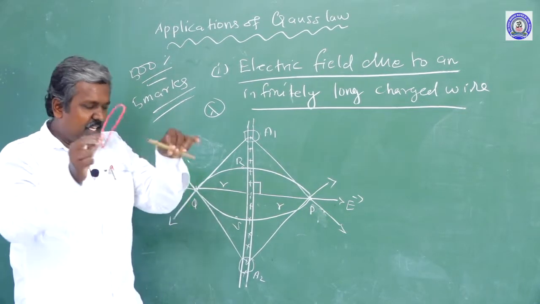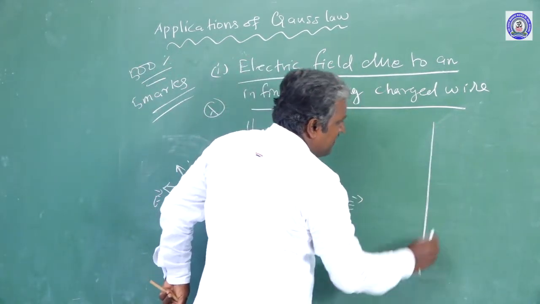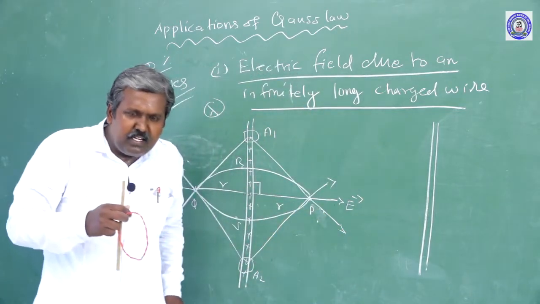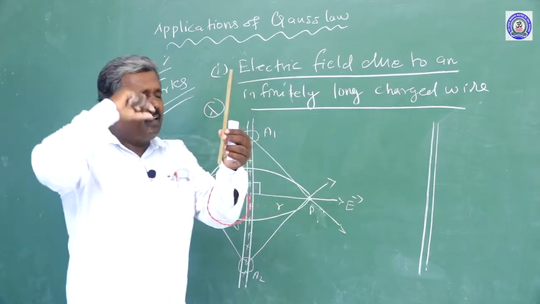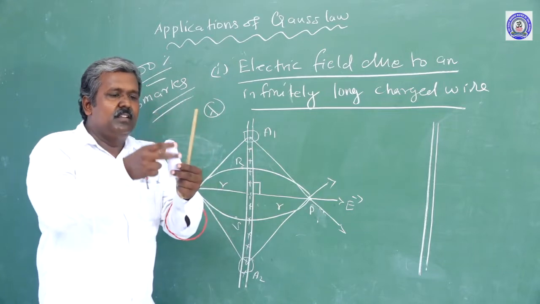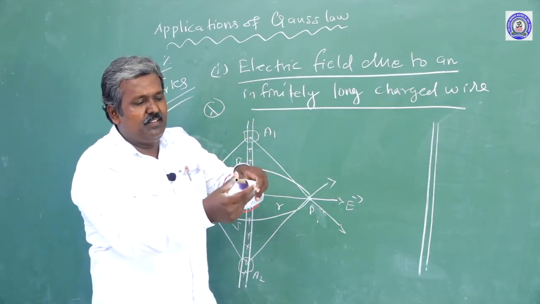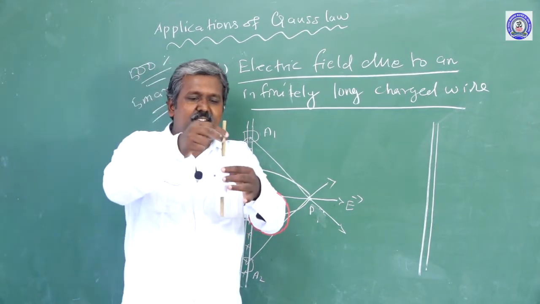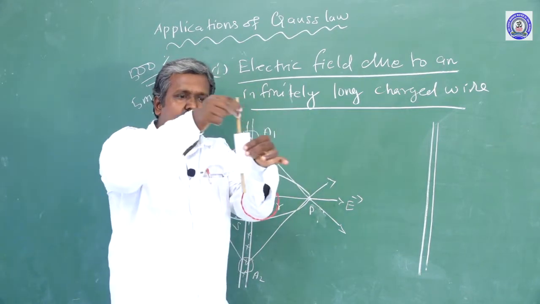Clear? Okay. Now here consider, very simple, around this long infinitely charged wire, one cylindrical Gaussian surface like this.